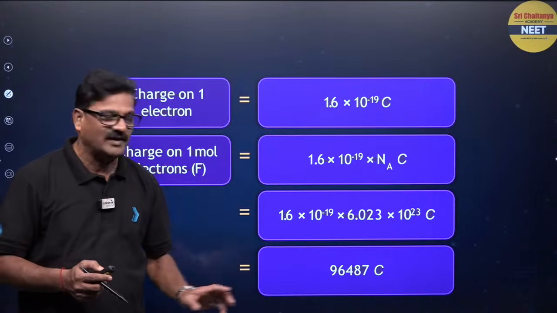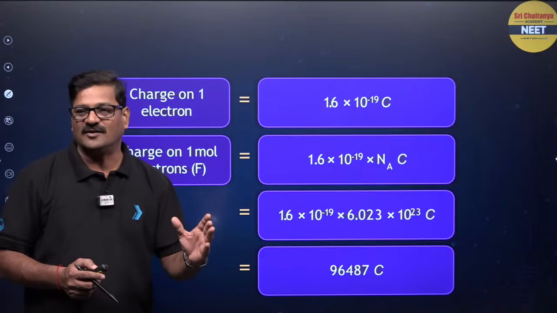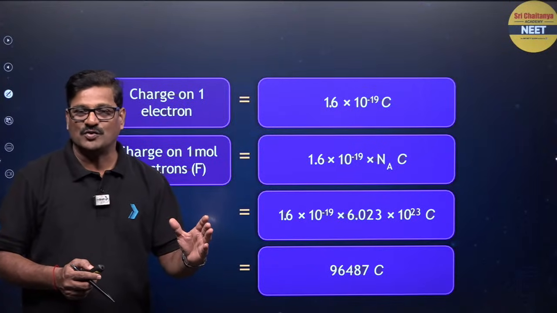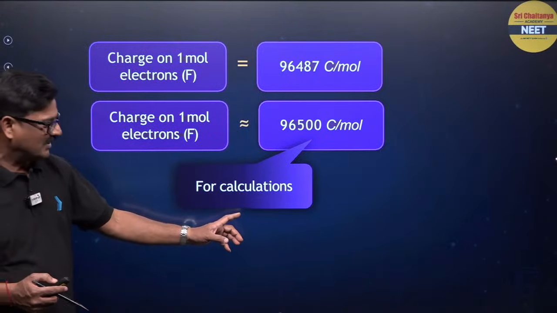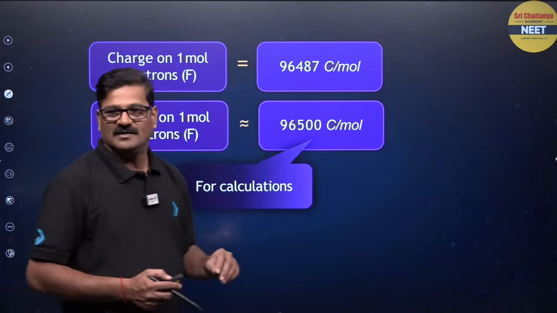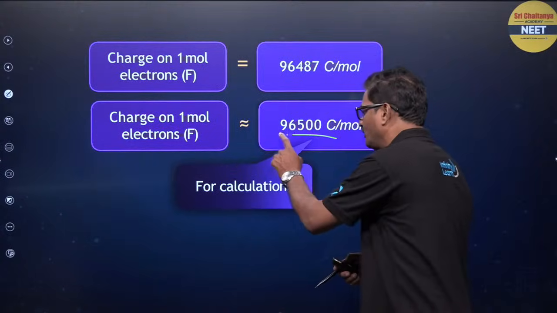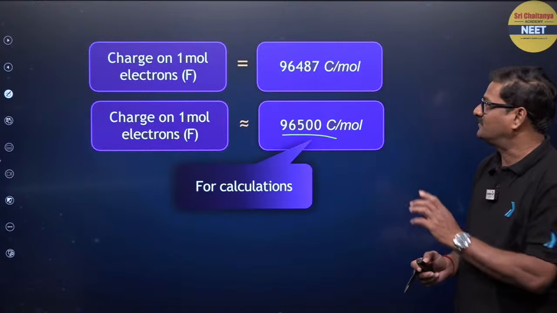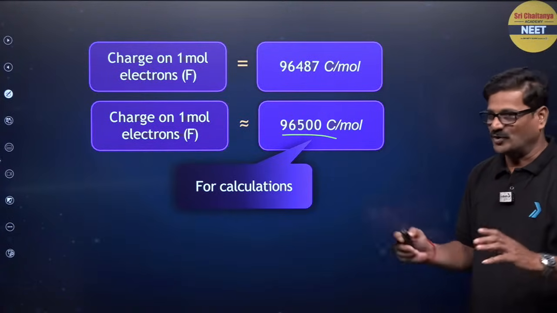On solving, 96487 coulombs will come, which is called a Faraday unit. Children, in examinations you can use 96,500. It is simple and easy to put in numericals, instead of 96487. Clear?